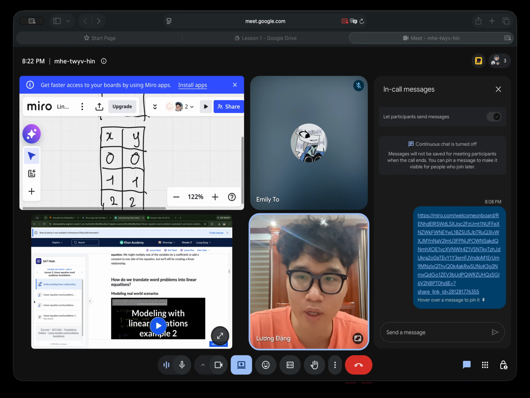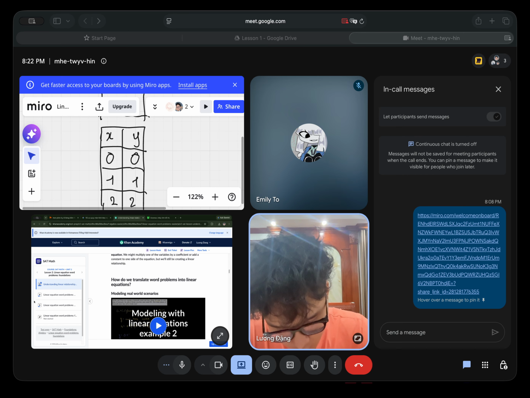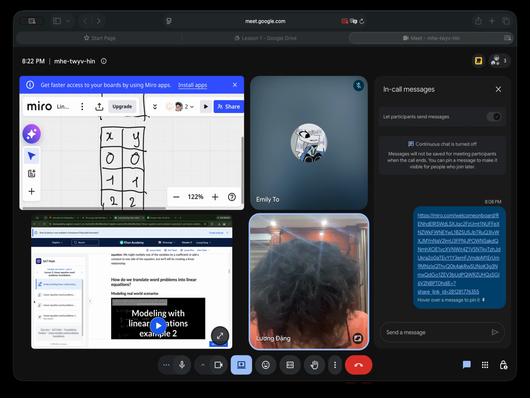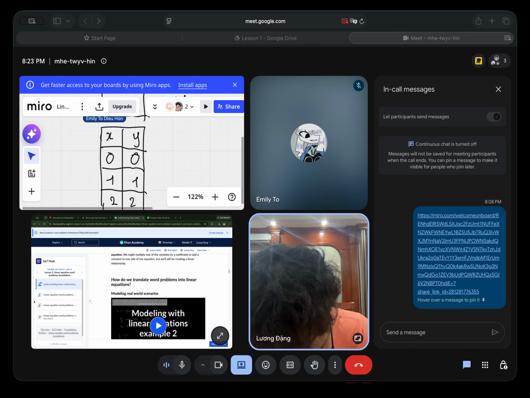Right? So we only need 2 points that satisfy the relationship of two variables to graph a linear function.